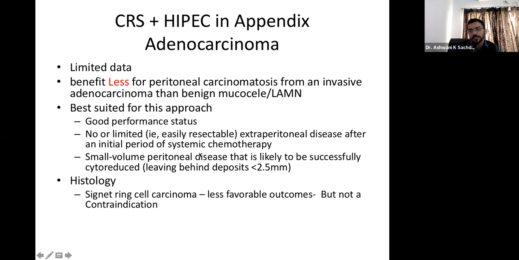So in a patient with extraperitoneal disease also, if after giving chemotherapy it is limited and easily resectable, then they are also candidates for HIPEC. And small volume peritoneal disease is more likely to be successfully cytoreduced.